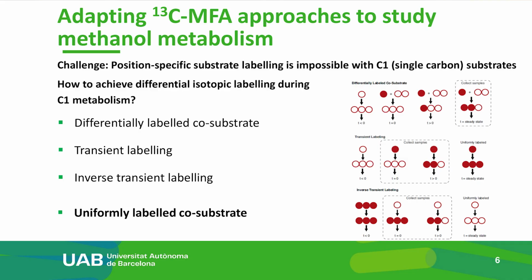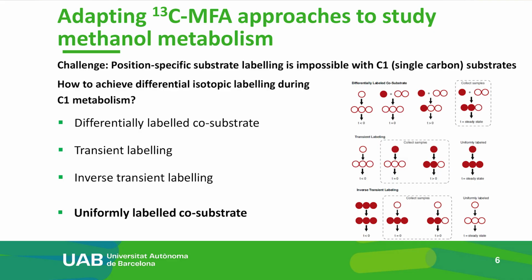One way to do it is to feed cells with both methanol or a one-carbon metabolite plus a multi-carbon source. We tried that, very complex. The other way is transient labeling, so you feed just methanol and measure the kinetics of incorporation of carbon-13. And the other one is what Dieter just said a few minutes ago, the inverse transient labeling.